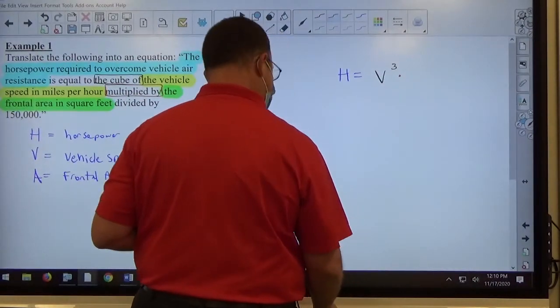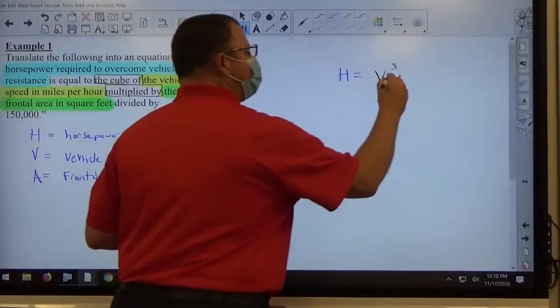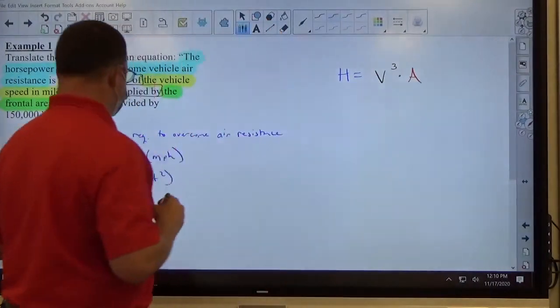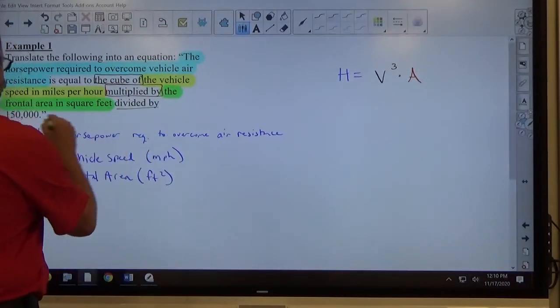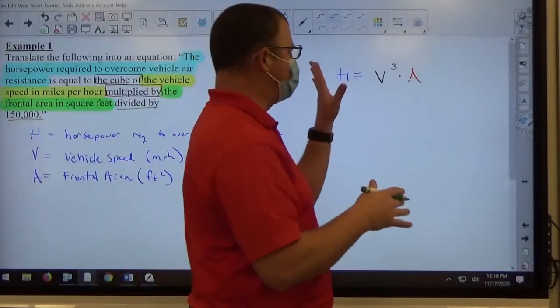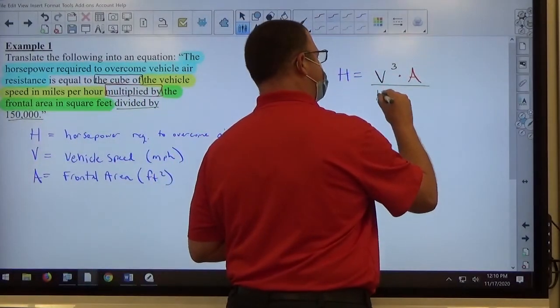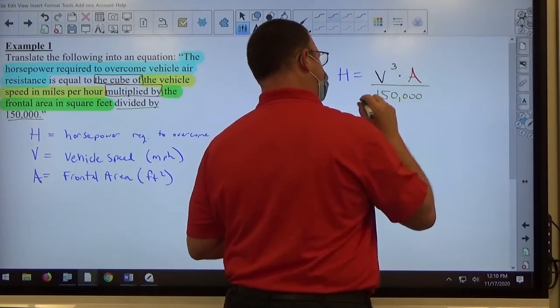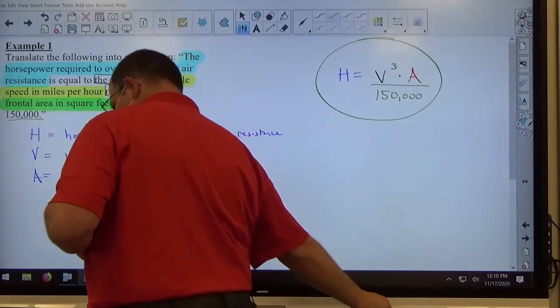And then we're multiplying that by the frontal area, which is A. And then finally it says divided by 150,000. What's being divided by 150,000 is this product here. That's the formula described by those words.